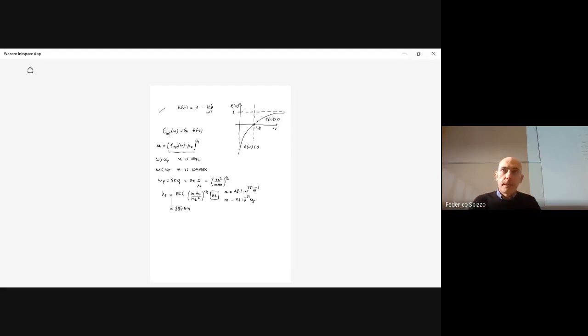But if you make an experiment, you take a source of electromagnetic waves, and you make a plot where you plot on the horizontal axis the wavelength, and on the vertical axis the transmission.